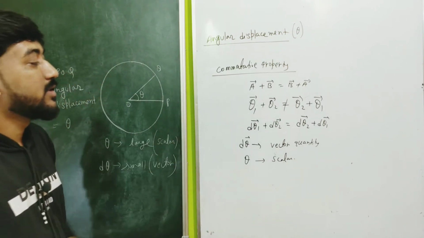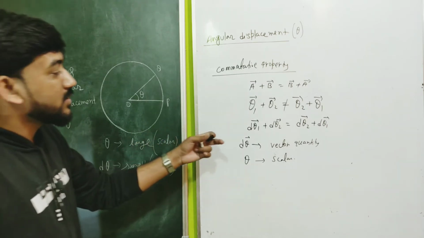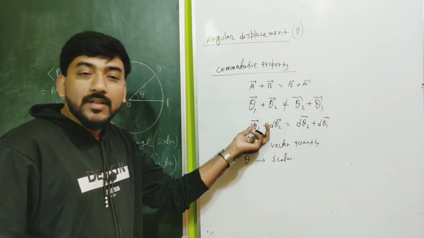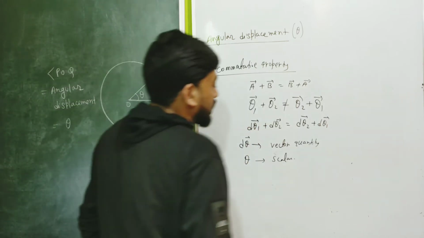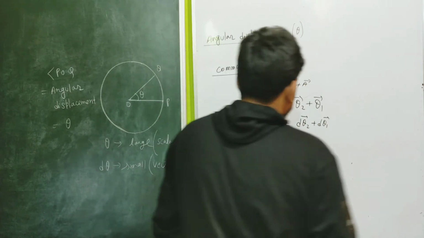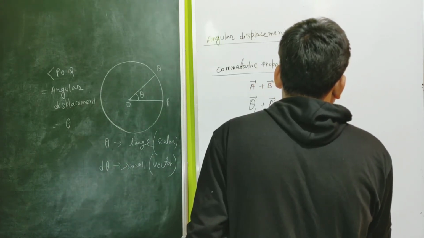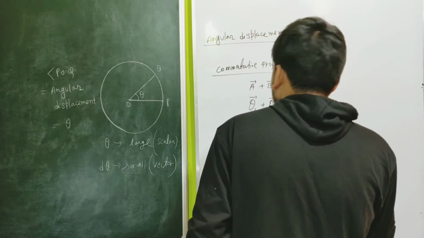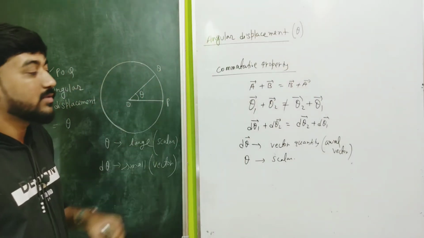If d theta is a vector quantity, you can treat it as an axial vector. And being an axial vector, obviously its direction should be along the axis.